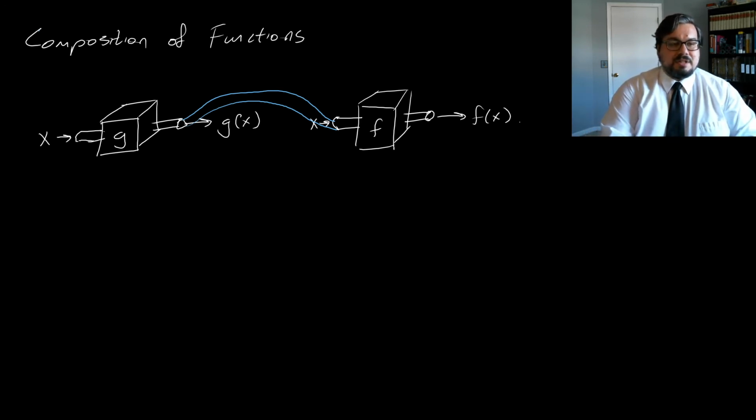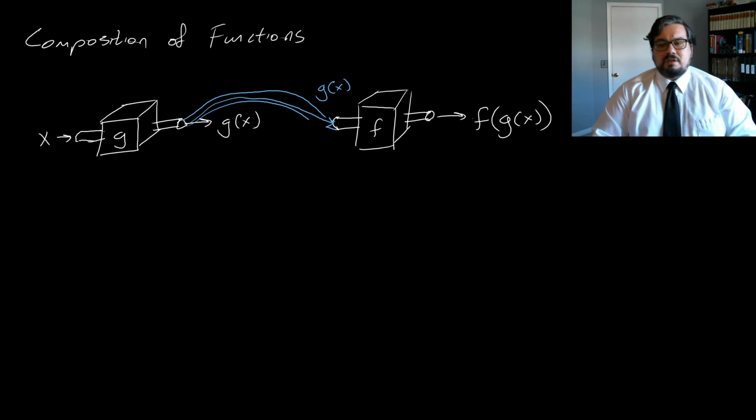Now notice that when we do this, the input to the f function here is no longer x, but it's the output of the original one. It's g of x. So now, with the connection that we've done, we're now plugging g of x into this function. And what we get out is going to be not f of x, but f of g of x.